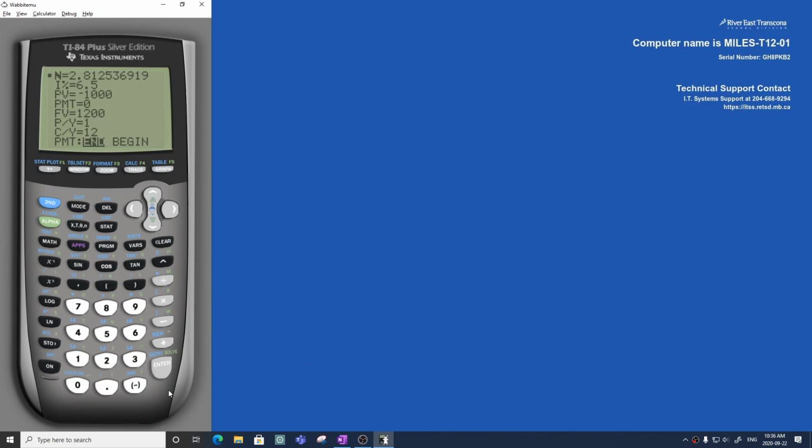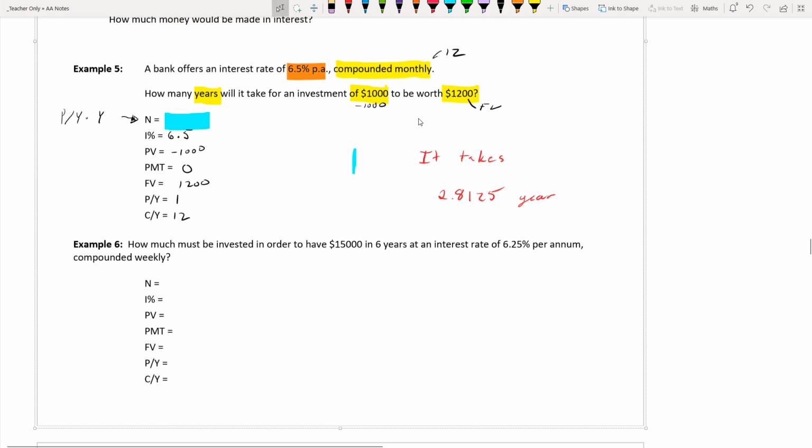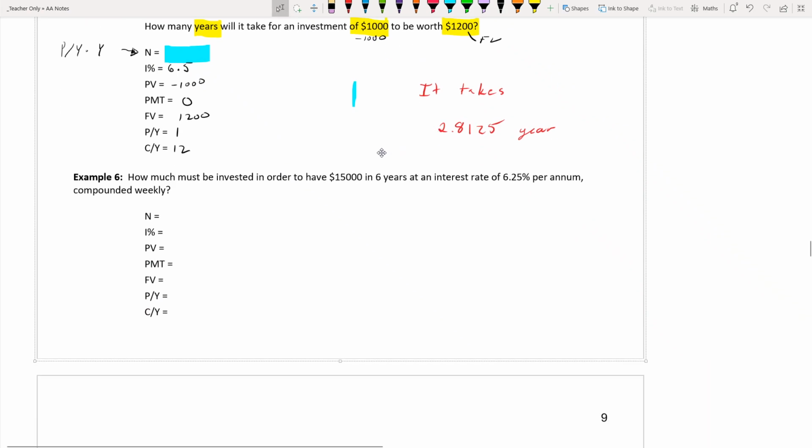So I'm going to write that down. So now that I've written it down, it takes 2.8125 years. And good sources have told me we are always going to keep at least 2 decimal places. All right, let's go on to the next question.